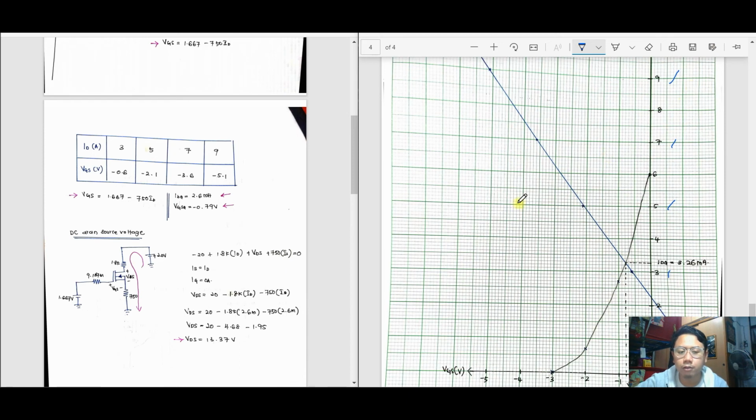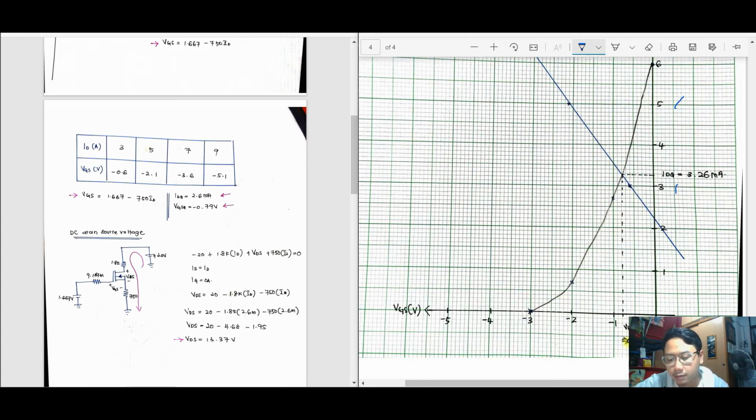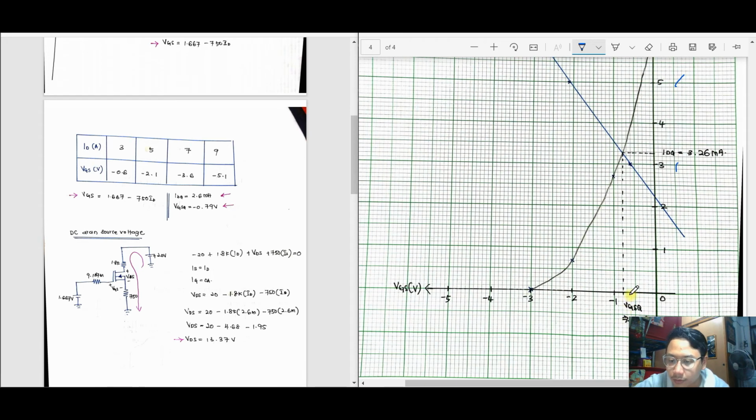So next, how to find the value of IDQ and the value of VGSQ by referring to this graph. From this graph, we will obtain the values of IDQ and VGSQ from this overlap line, this clash line. From this line, we will get the value of IDQ here, which is 3.26 milliampere, and the value of VGSQ here is negative 0.79.